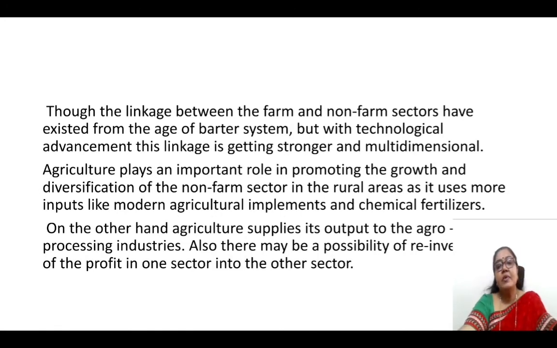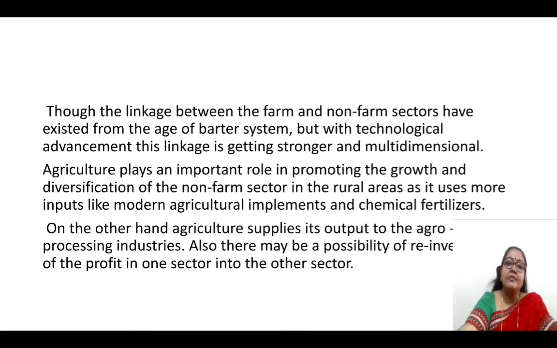Linkages between the farm and the non-farm sectors have existed. So we find this linkage is not something new. This has been there from the age-old barter system. With technological advancement, this linkage is getting stronger and becoming multi-dimensional.